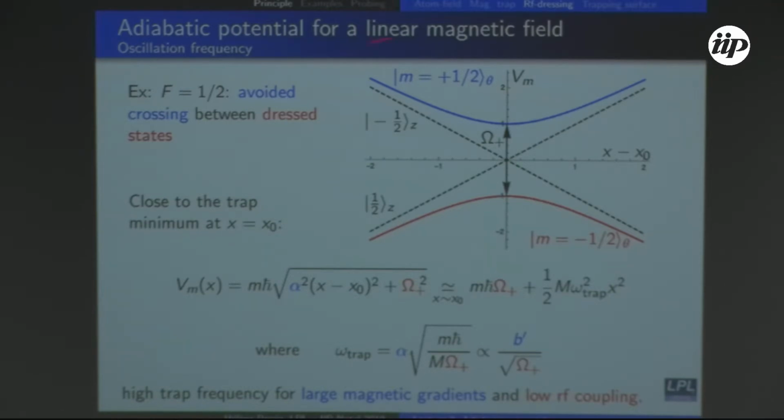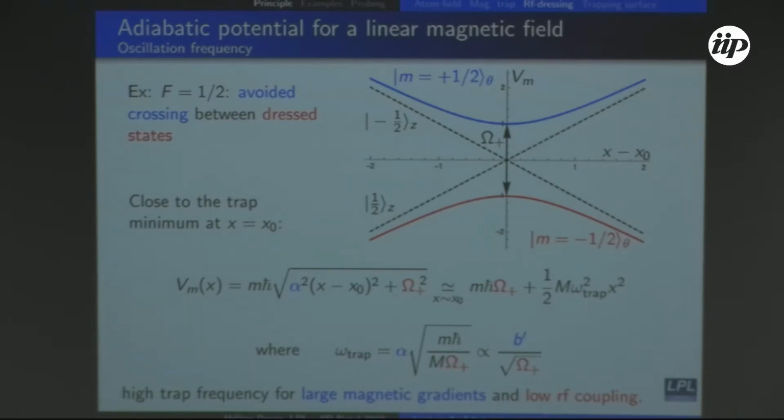So if you have, for example, just to be as simple as possible, a spin 1/2, then you just have two states. And with position, the eigenstates are like that, and it's just an avoided crossing. So if we want to estimate the trapping frequency in this direction, we just expand the potential and find that the trapping frequency scales like the magnetic gradient, where alpha is a gradient in units of frequency, and 1 over the square root of the coupling.